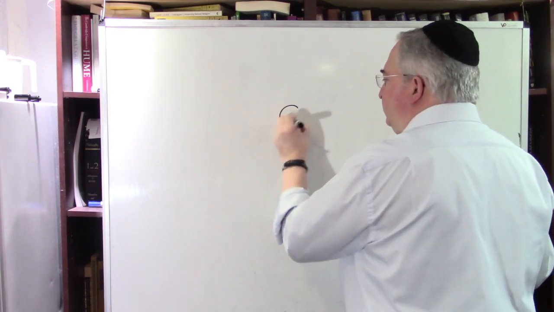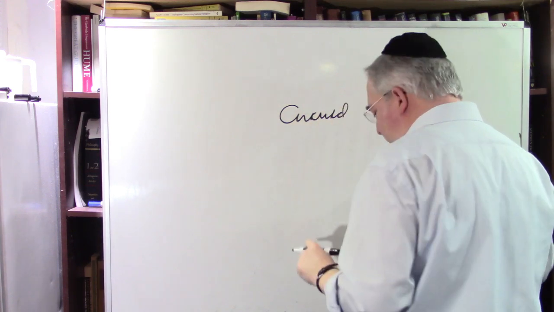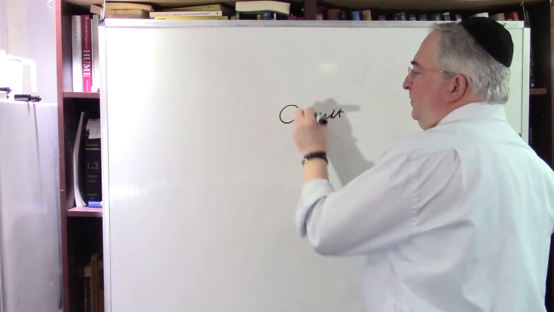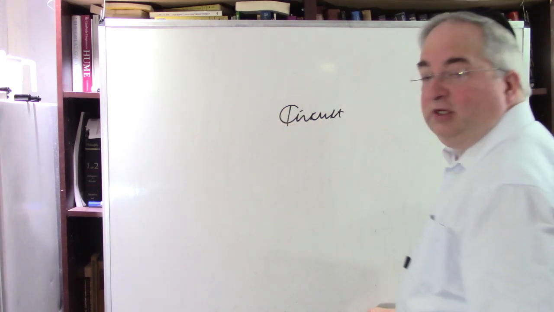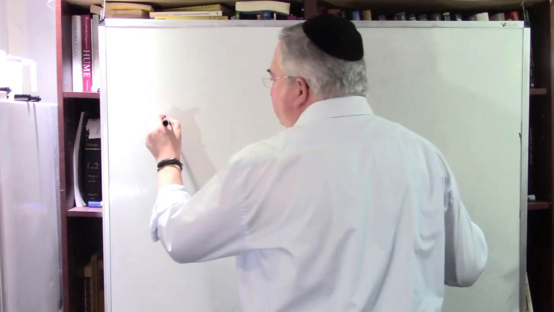Okay, when we talked about circuits, I said something, but I couldn't describe it because I didn't have enough of the toolbox to describe it. So we talked about circuits, and now we can talk about it. One of the things I said was, there are special types of circuits.